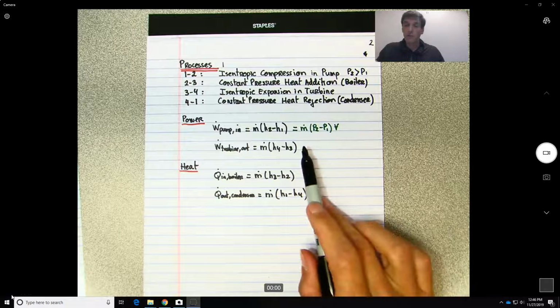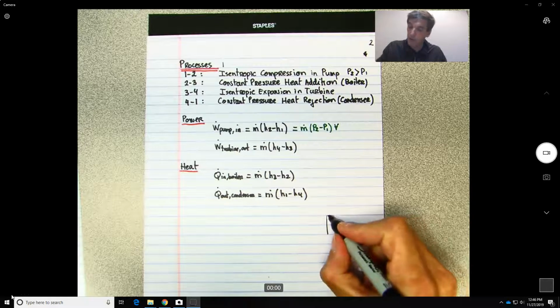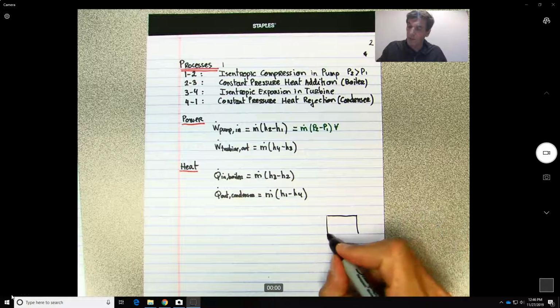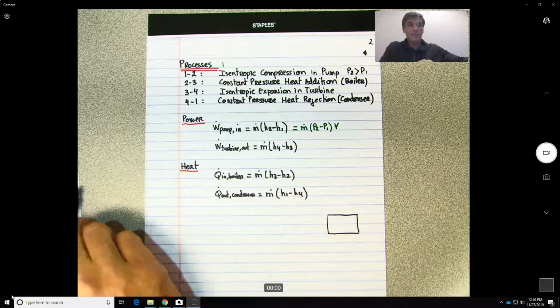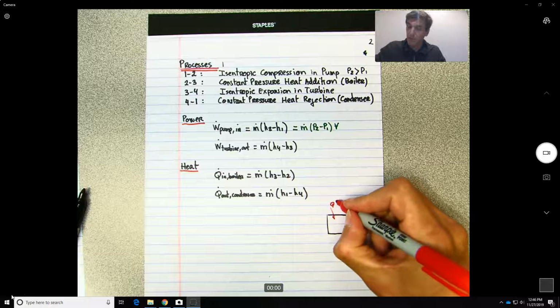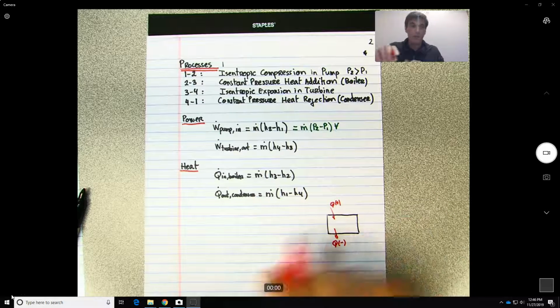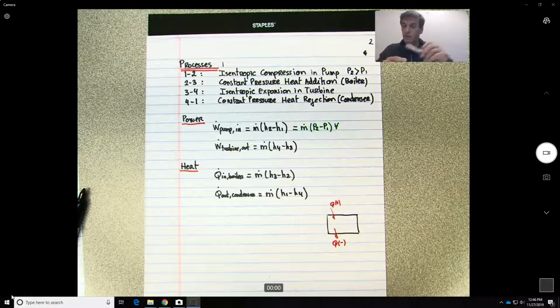Okay, I just want to add one little thing over here because of our sign convention. Basically, that states that any heat going in is positive, any heat coming out is negative. But for work, if you remember, it is reversed.